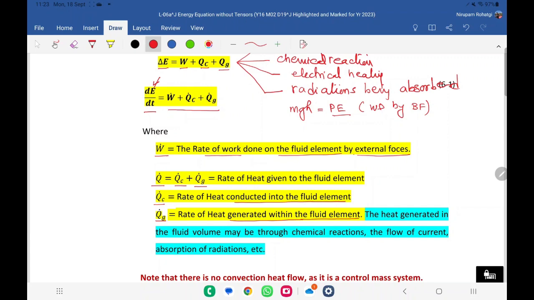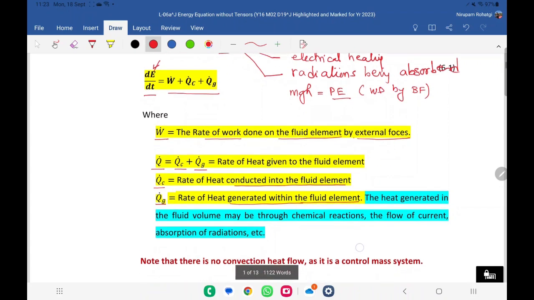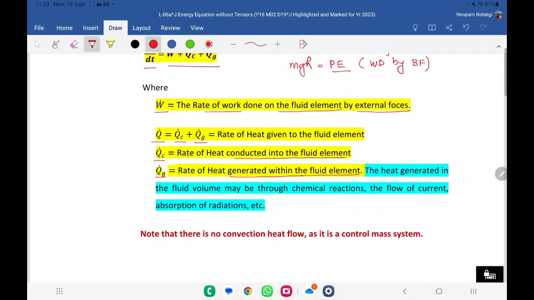Okay. Now we have said that heat generated may be through chemical reaction, flow of current, or absorption of radiations.